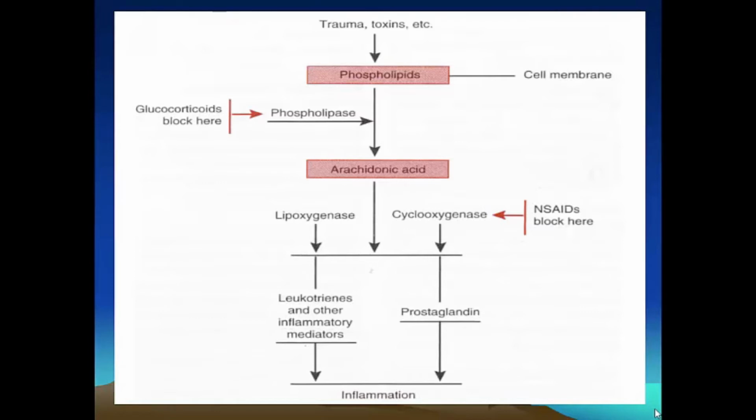But as you can see here, the non-steroidal anti-inflammatories block the enzyme cyclooxygenase, which converts the arachidonic acid into prostaglandins. And these prostaglandins are, as I say, just one of many mediators.